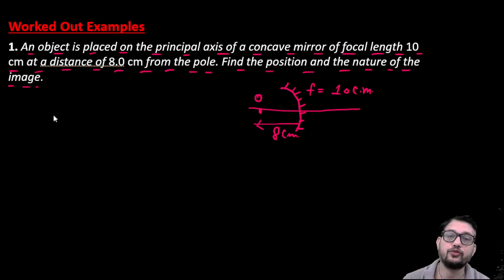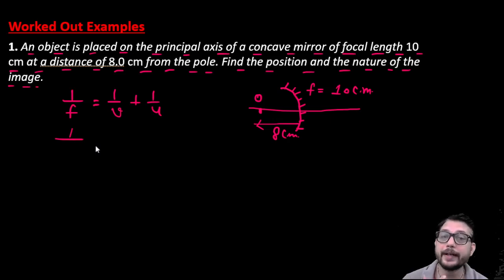Because it is a mirror, we have to use the mirror formula, which is 1 upon f equal to 1 upon v plus 1 upon u. Will the focal length be positive or negative? For that, we assume that the ray moves this way.